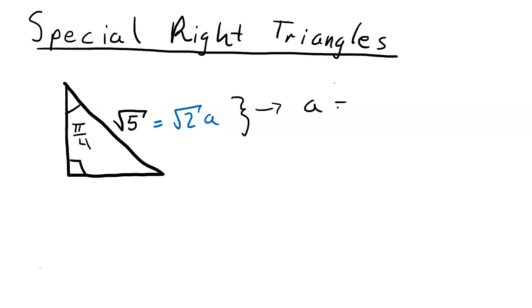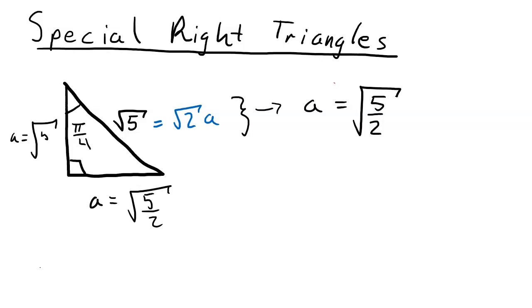So here A is going to be equal to the square root of 5 over 2. And that's all we needed to do to solve for these sides. So this side is going to be square root of 5 over 2, and this side is equally going to be square root of 5 over 2. And for our pi over 4, the right isosceles triangle, this is all you need to do. You just need to backward solve for A and plug it into your other sides.